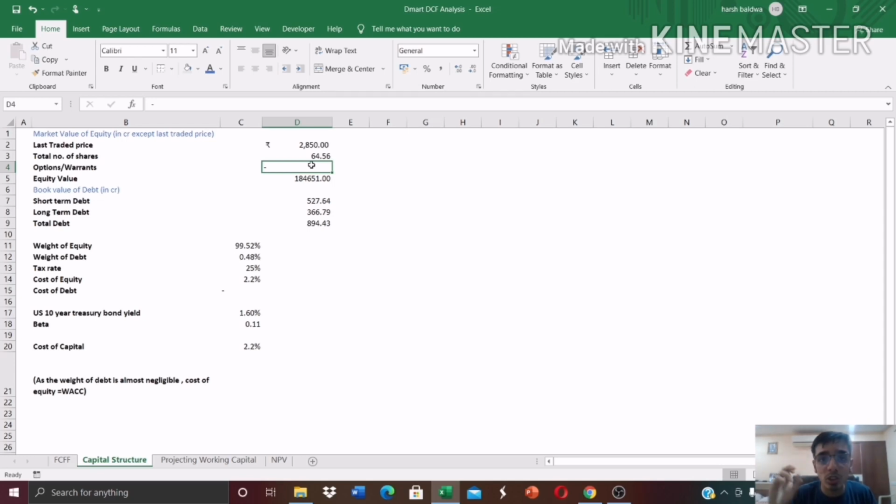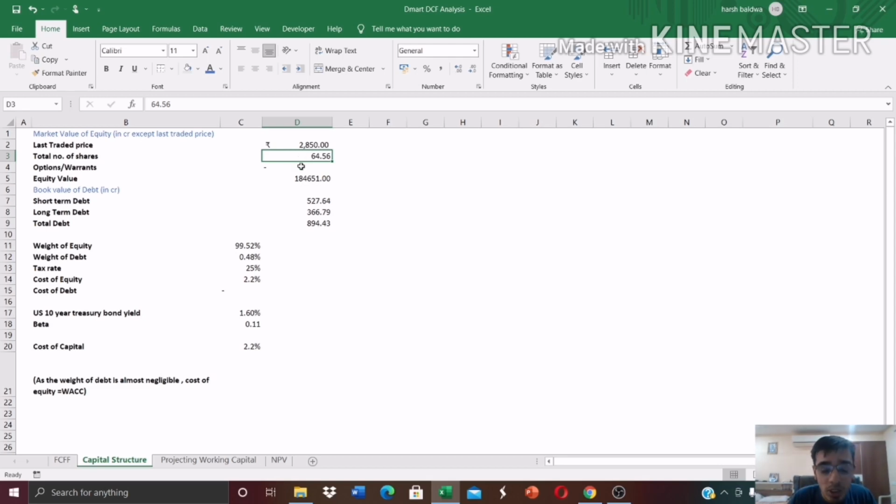So first we have to see the value of the option, and if it is less than the current market price of the share, we have to account for those options also in calculating the total number of shares. So this would increase the total number of shares.